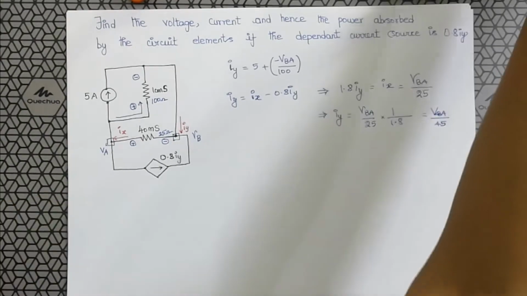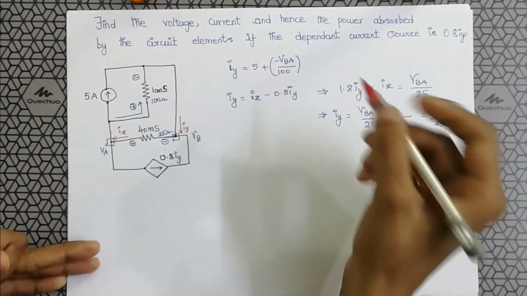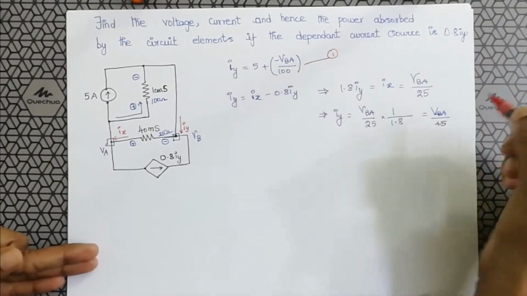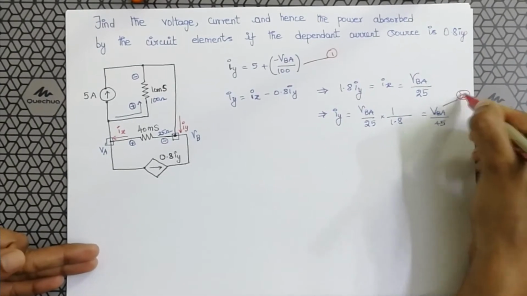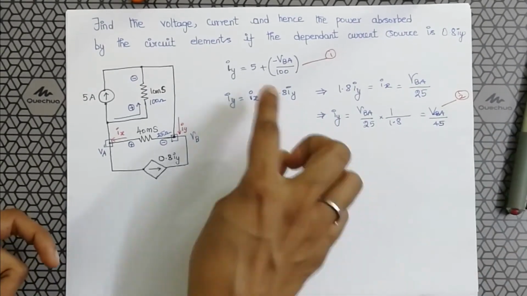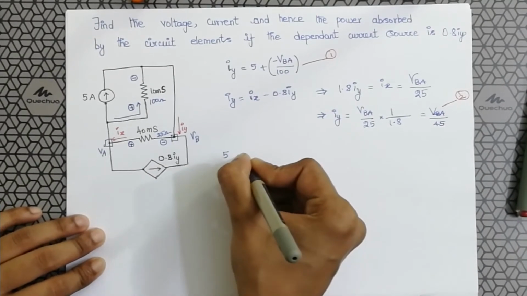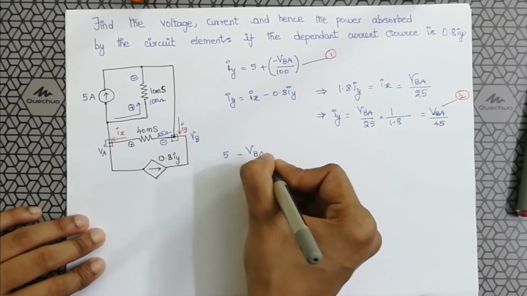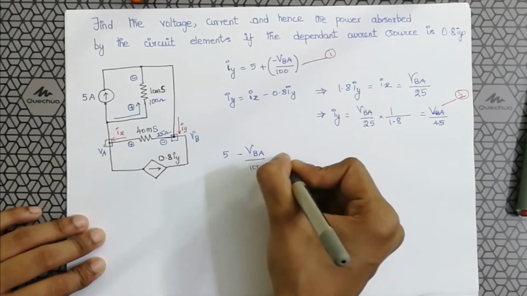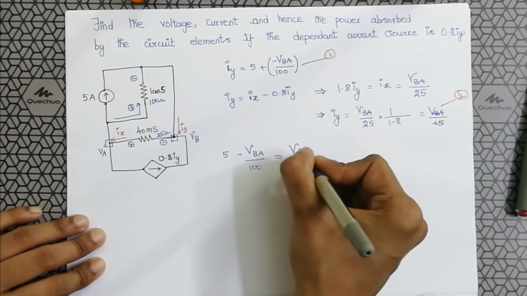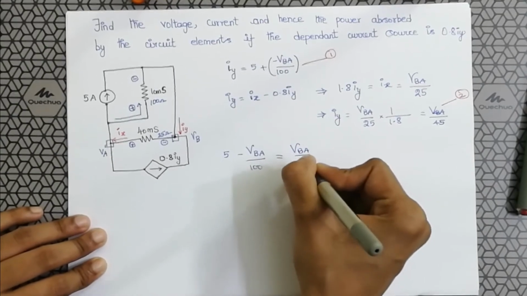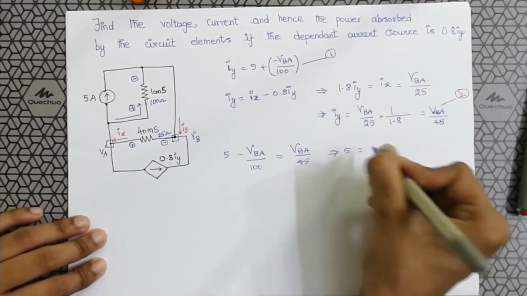VBA by 45. So we have two equations basically. When I equate Iy in both the cases, I will be able to get the value of VBA. Here, 5 minus VBA by 100 equals VBA divided by 45.